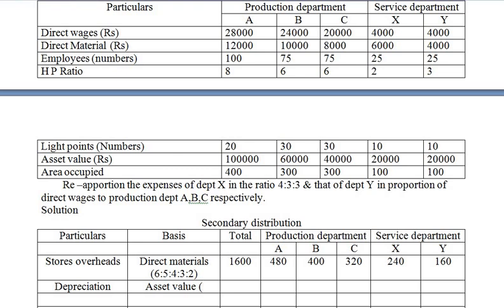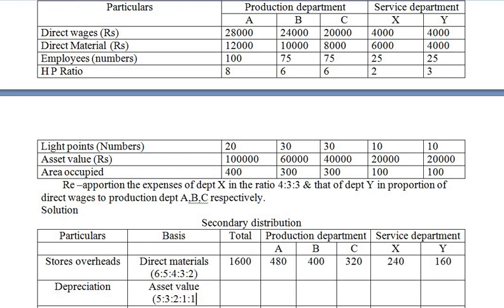Find out the ratio over here. So that will be 5 is to 3 is to 2 is to 1 is to 1. Okay, this is the ratio, and here the total amount is 24,000. So distribute it to all the departments.